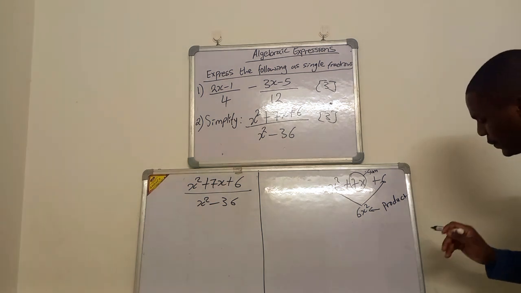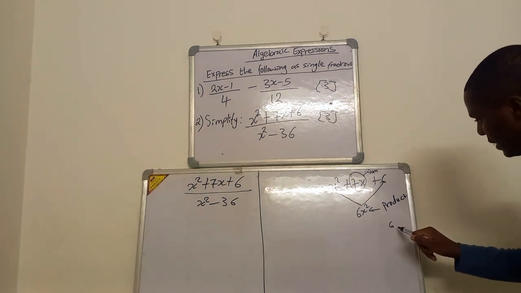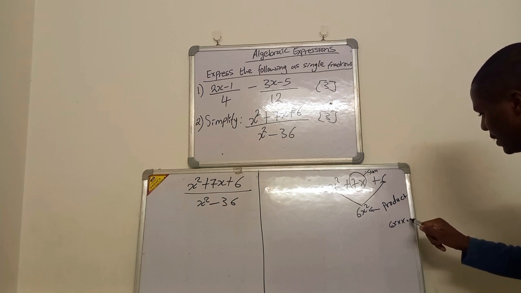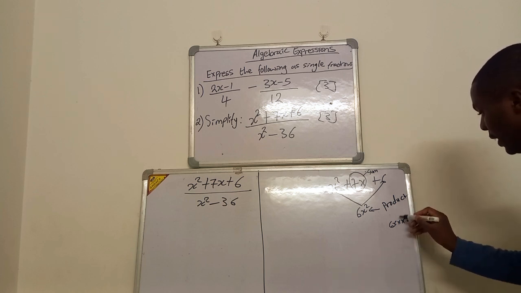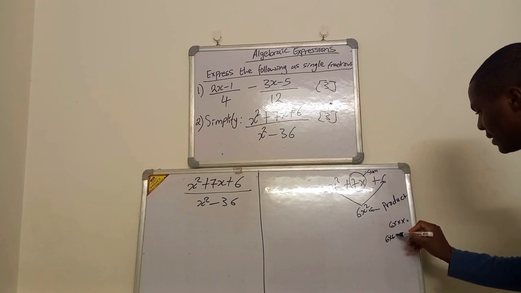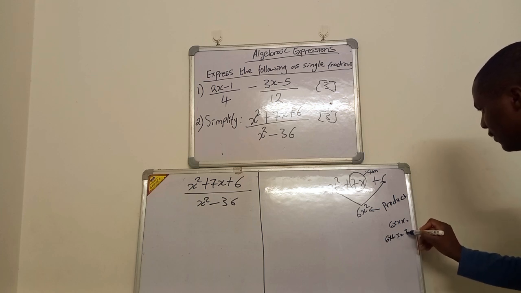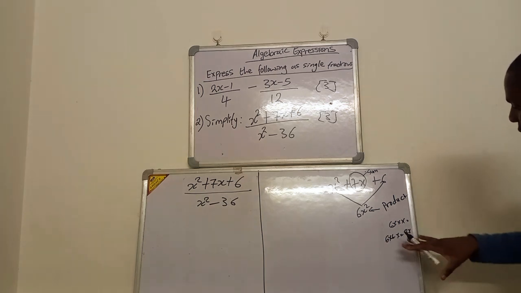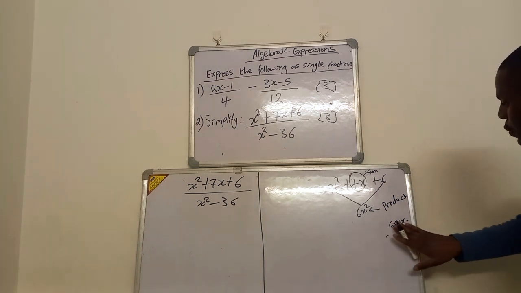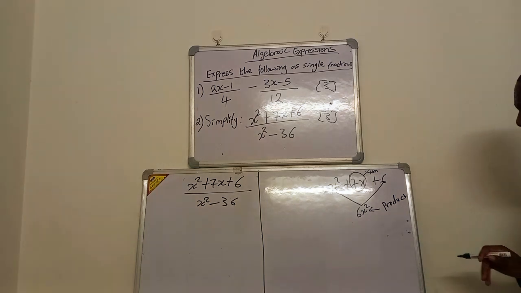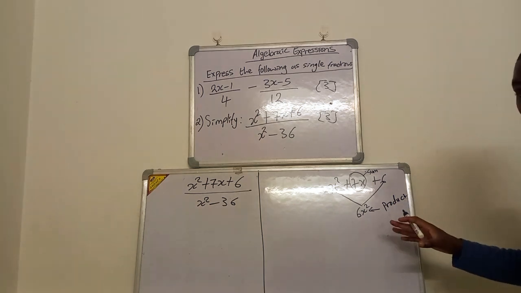So you write down. If you multiply 6x times x, you are going to get 6x squared. If you add 6x plus x, you are going to get 7x. So you write all the factors of 6 here so that you can see which one is the right one. Okay, so we can see it's 6x and x.